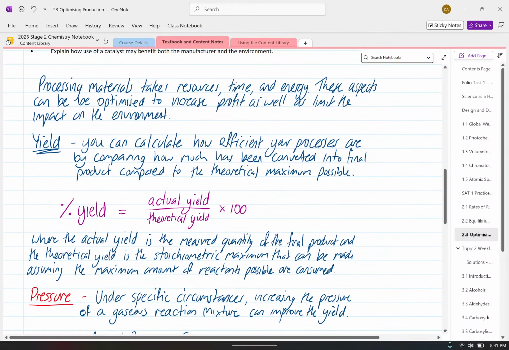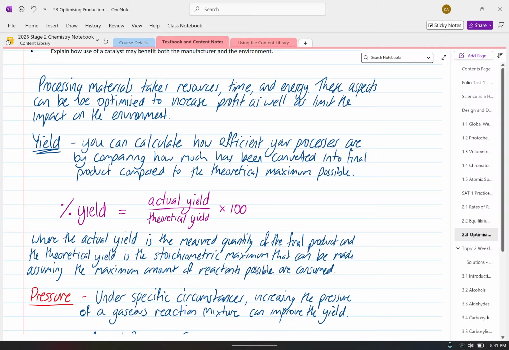Now the actual yield will be given to you. They'll say this is how much you've made. The theoretical yield you may have to calculate using stoichiometry. So if you are told you have this much of this reactant, this much of the other reactant, if you combine them together, how much of your product could you potentially make?